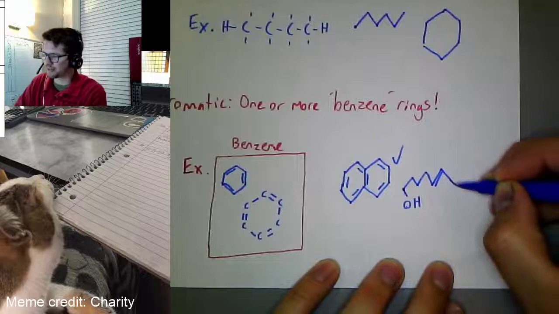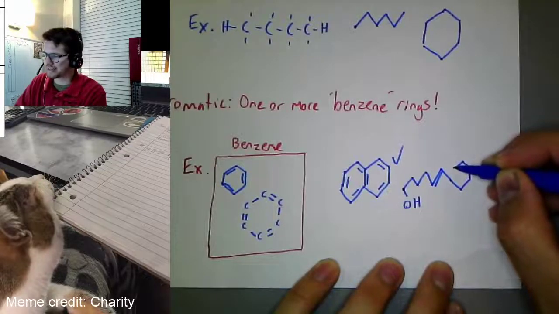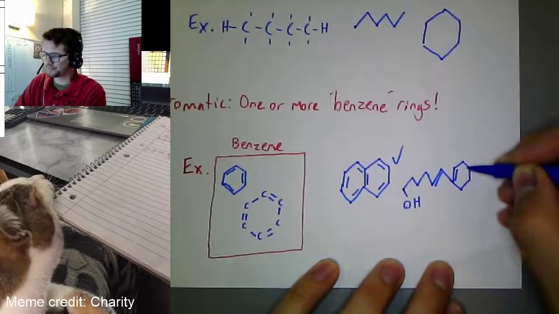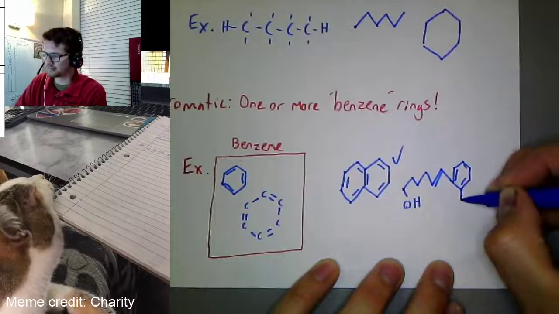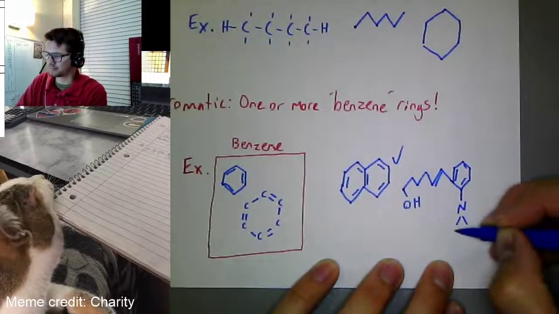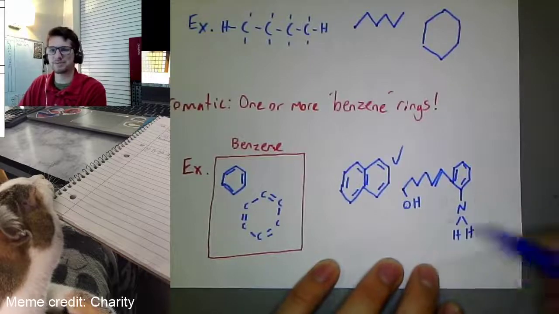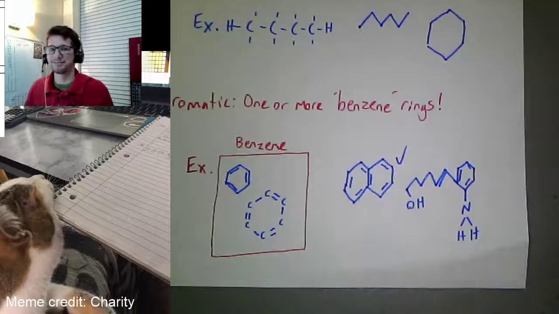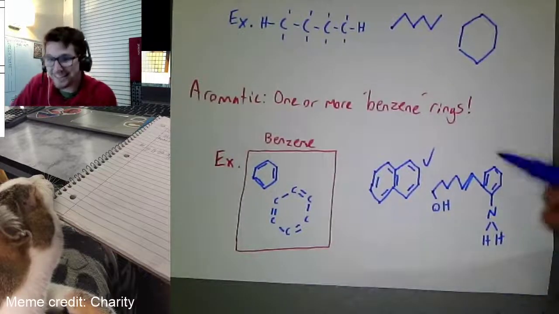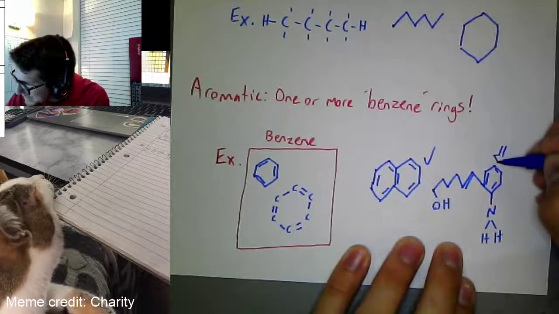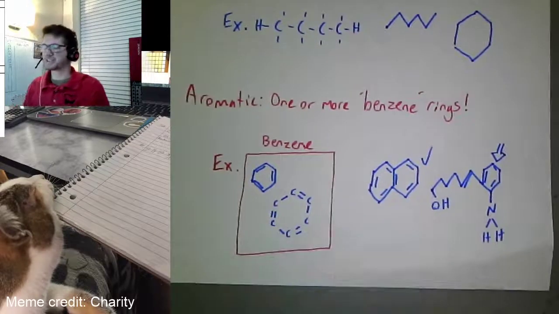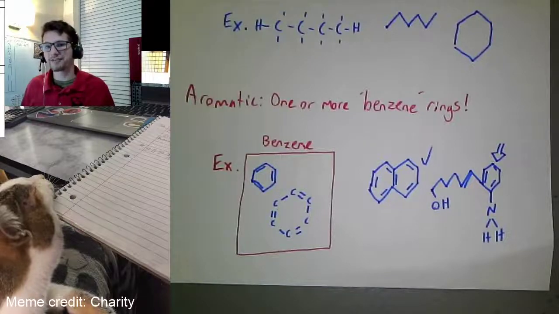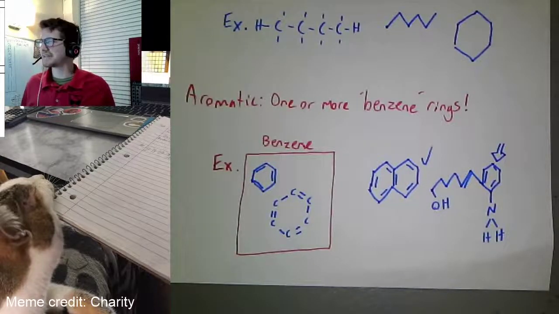And this is actually something you could see in an organic chemistry class in college. What if you had something messy like that? Well, that would be aromatic because guess what it has inside of it? A benzene ring. So really it's just benzene ring hunting. If you find a benzene ring, it's aromatic. If you can't find one, it's aliphatic.